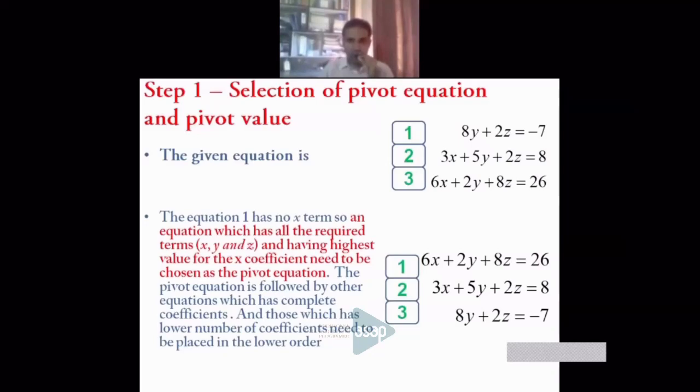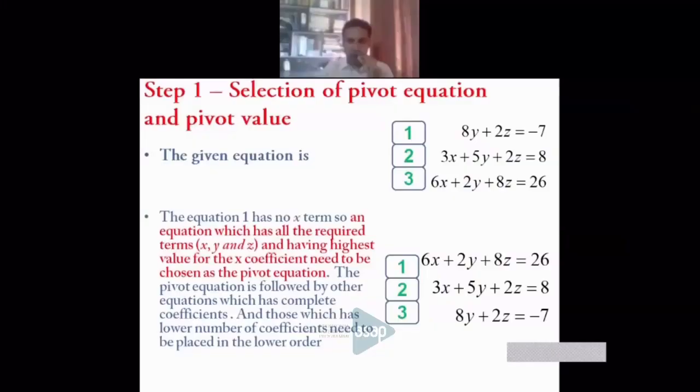Now, when you're given a set of equations like this, you have 3 variables, x, y, and z, and 3 equations. So you have to position the equations in an appropriate order to facilitate our analysis in subsequent steps.